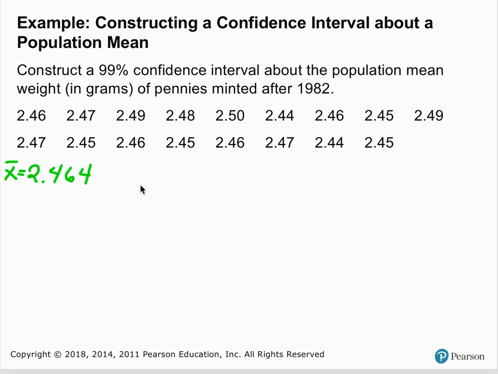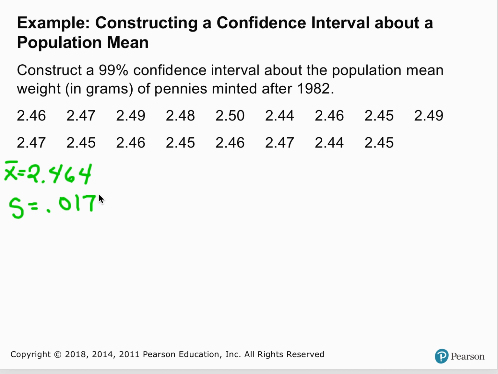And 2.45 finally. Okay. And it tells us, yeah, for the X bar we got 2.464. And for S, we have 0.017. Alrighty.